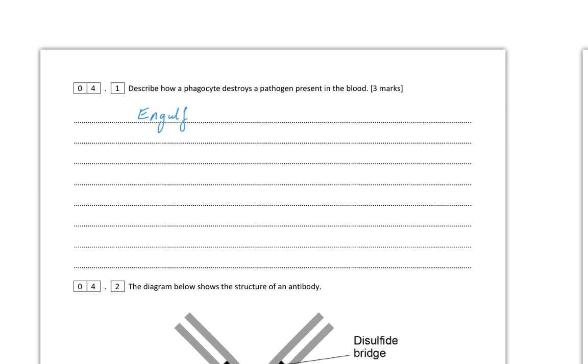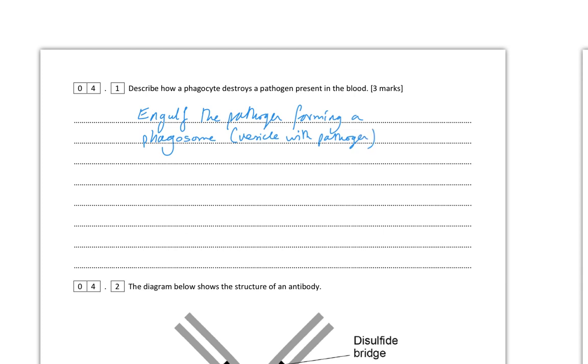So it engulfs the pathogen, forming what's called a phagosome. Or I could say a vesicle that contains the pathogen.